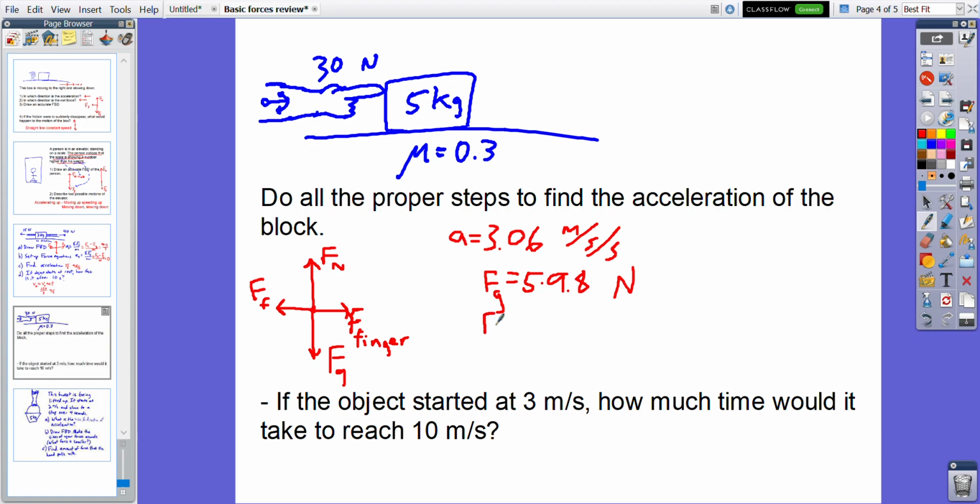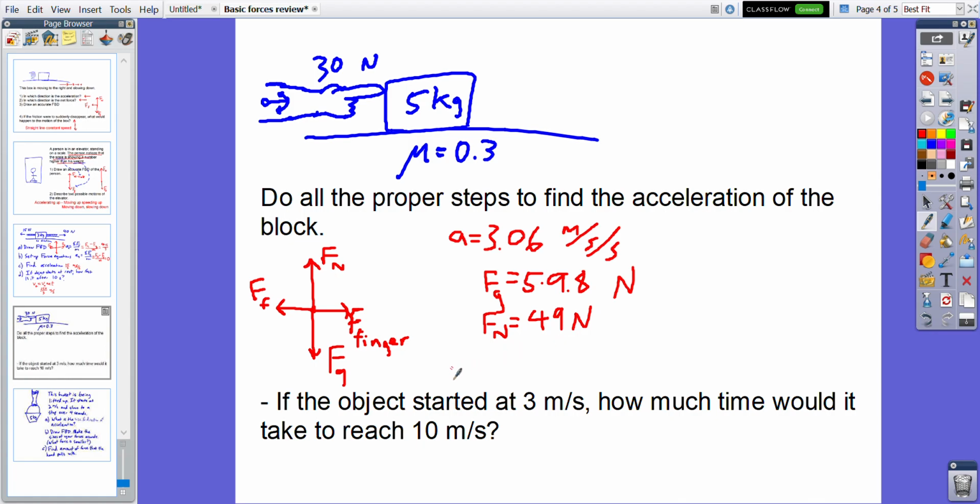Normal force, in this case, should be balanced with gravity because it's not moving vertically and there's only 2 vertical forces, so they need to cancel each other out. So this is going to be the exact same amount, 49 newtons. 5 times 9.8 is 49, right?